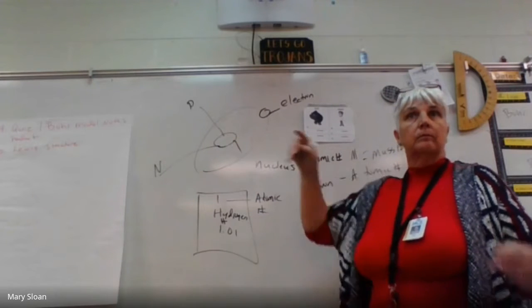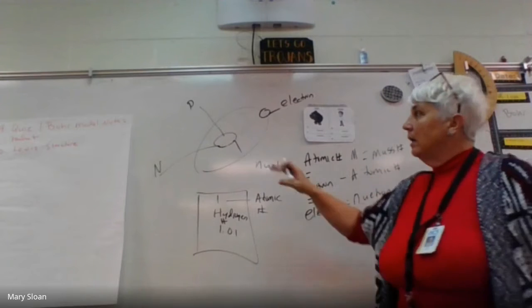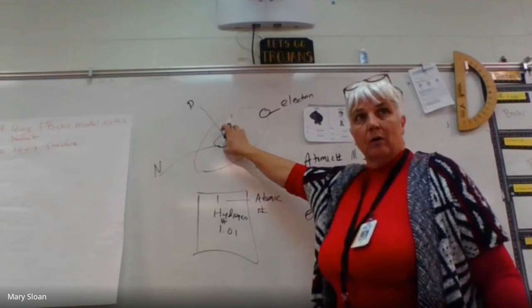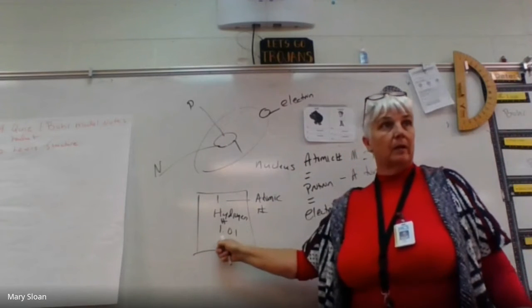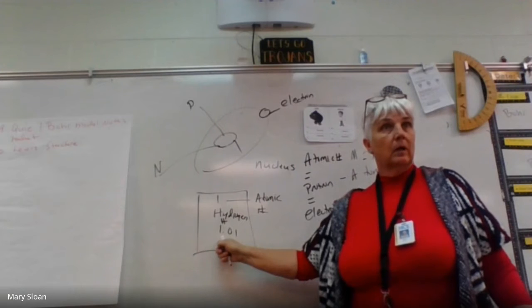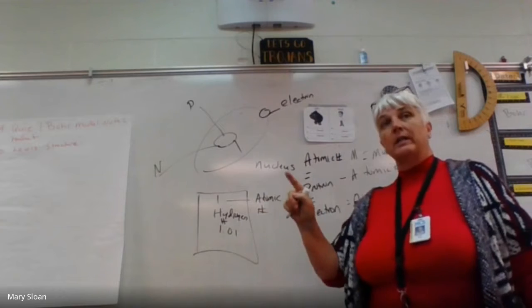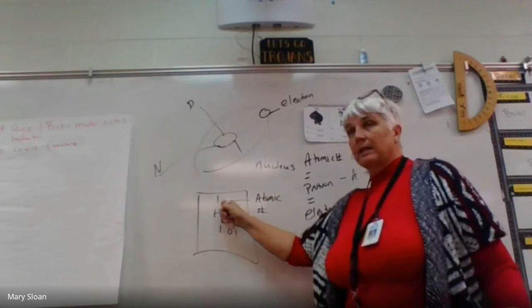We also looked yesterday at the atom boards, and we understood if we took the number of marbles we had in the middle and counted them, they should be equal to this number here, right? Everybody good so far? We also knew if we did the electrons yesterday and counted them, they should equal the atomic number.